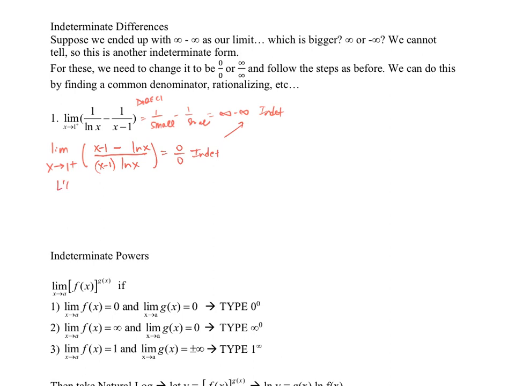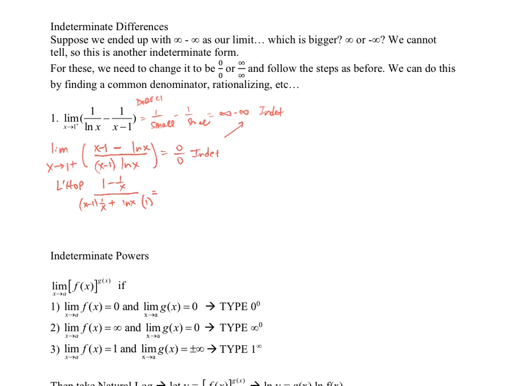I will L'Hopital it. I won't really bother putting things together right now. I will just go ahead and L'Hopital it. On the top, I'm going to end up with 1 minus 1 over x, since the derivative of x minus 1 is 1. On the bottom, I'm going to have to use the product rule: first times the derivative of the second, plus the second times the derivative of the first, which in this case will just be 1.